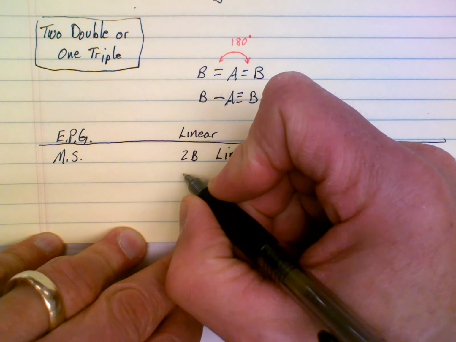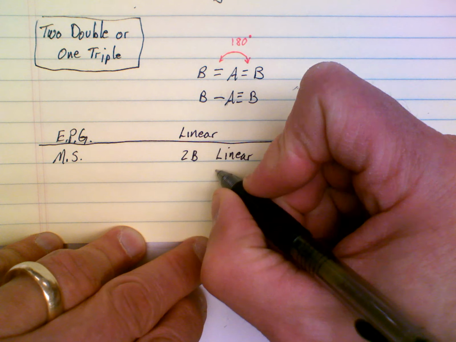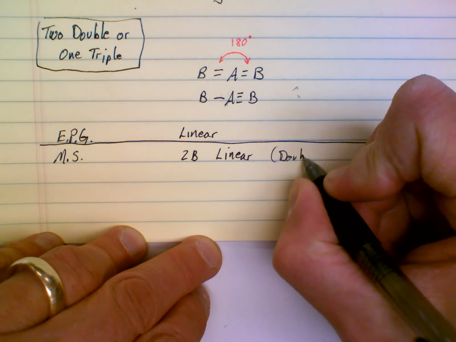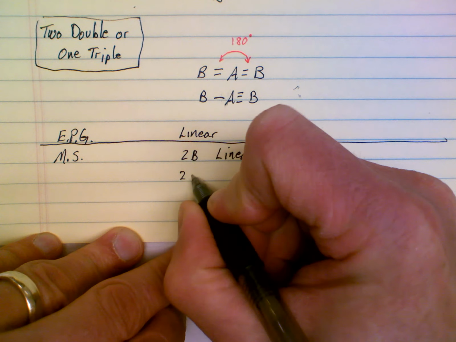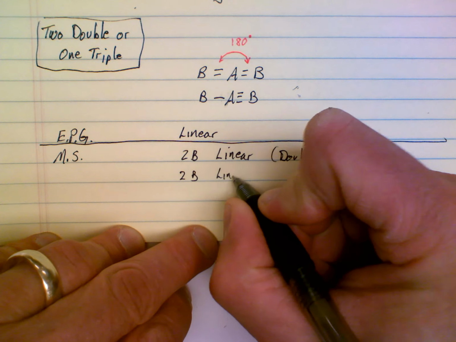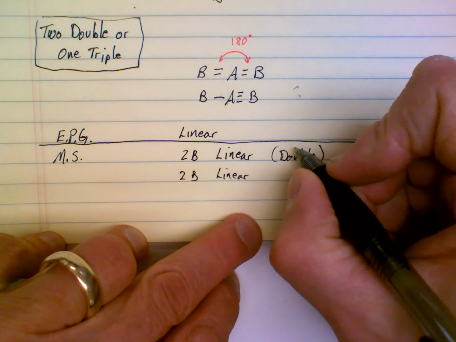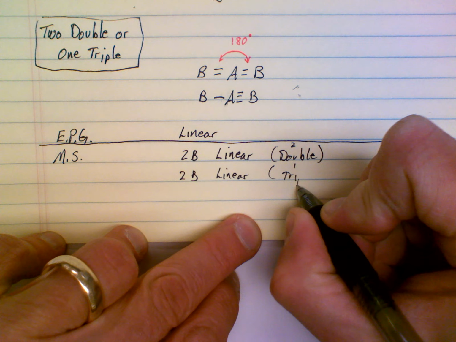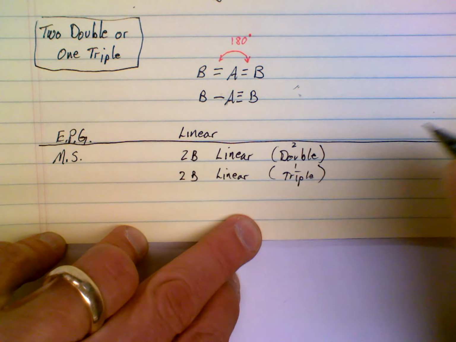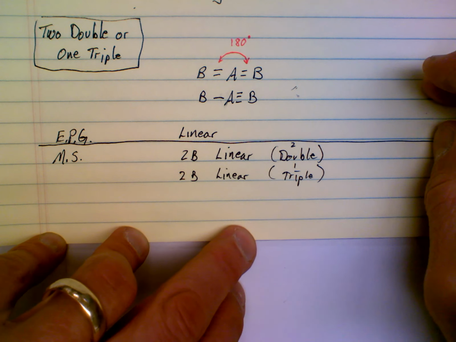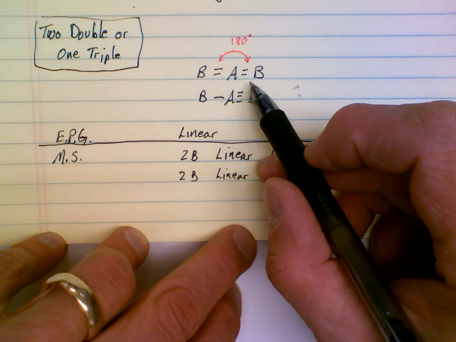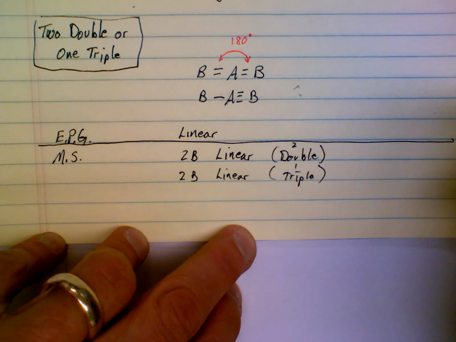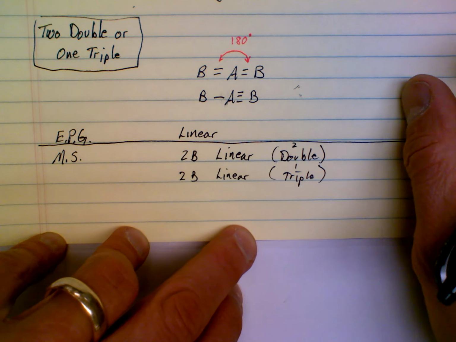And so we'd have another linear configuration for this. So this is with a double bond here. So if we have two B atoms, it'll also be linear if we have two double bonds, or if we just have the one triple. Bottom line, when you have two double bonds or one triple bond, the molecule automatically falls into a linear configuration.